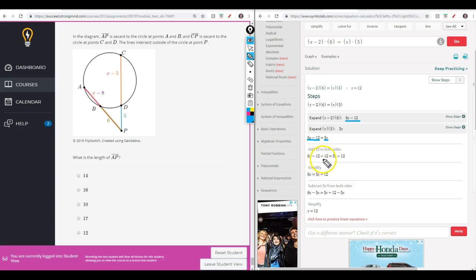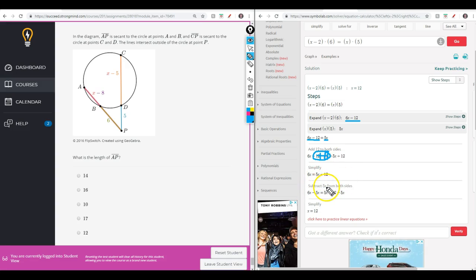So now add 12 to both sides. Negative 12 plus 12 reduces down to 0. And 6x plus 0 simplifies to 6x. And then we have 5x plus 12. Since they are not like terms, meaning the 12 doesn't have an x on it, we just write it next to each other.